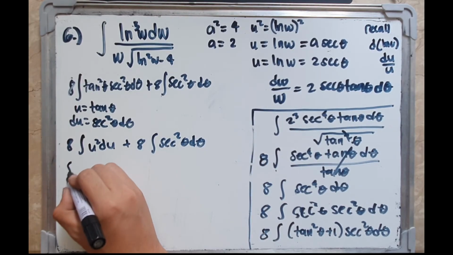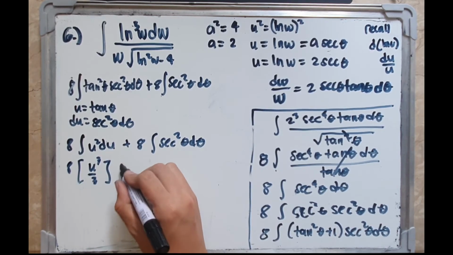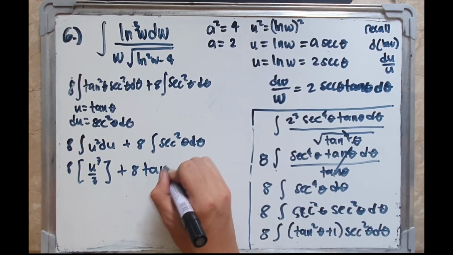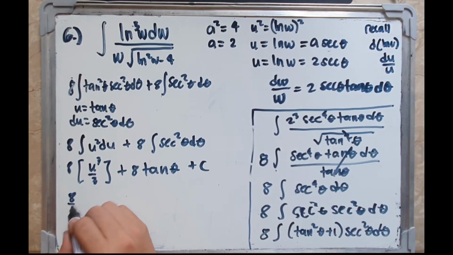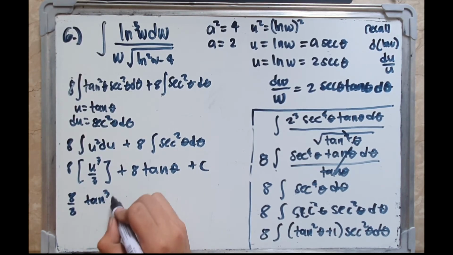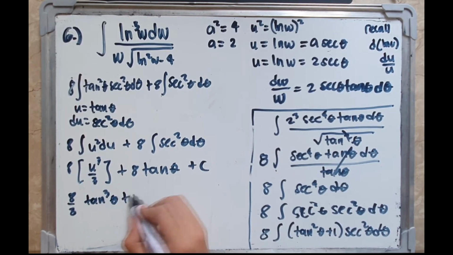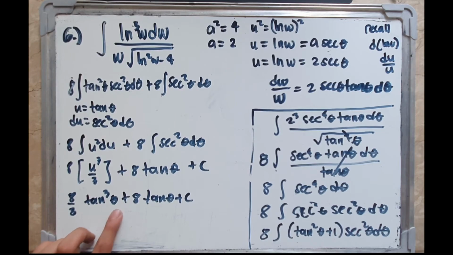The integral of u squared du is u cubed over 3, plus 8 tangent theta plus c. What is u? 8 over 3, u is tangent theta, plus 8 tangent theta plus c. This is our final answer for the trigonometric.